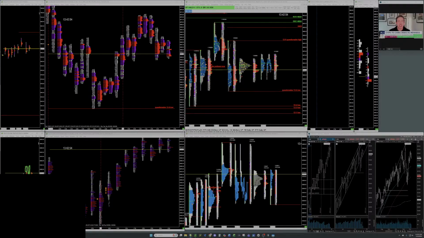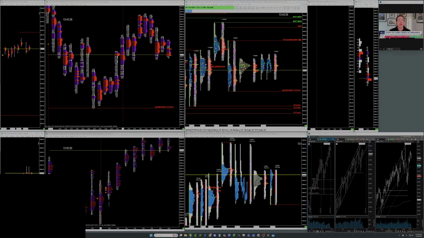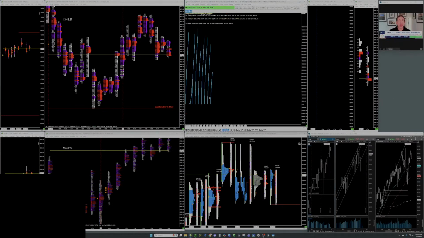How much volume do we have? Look at this volume, man. 20% lower than yesterday for the Nasdaq. 26% lower than yesterday for ES. As I say, there's no need for me now to check volume here, but you can see this, right?